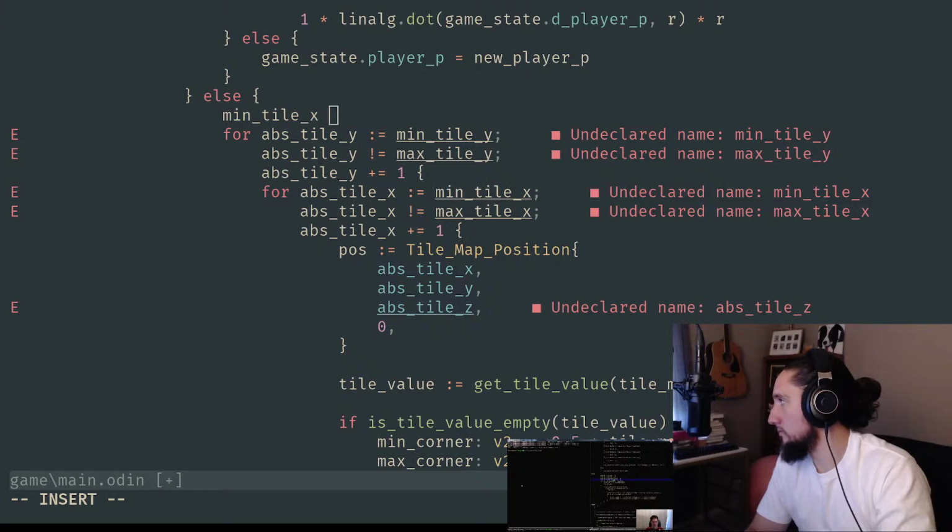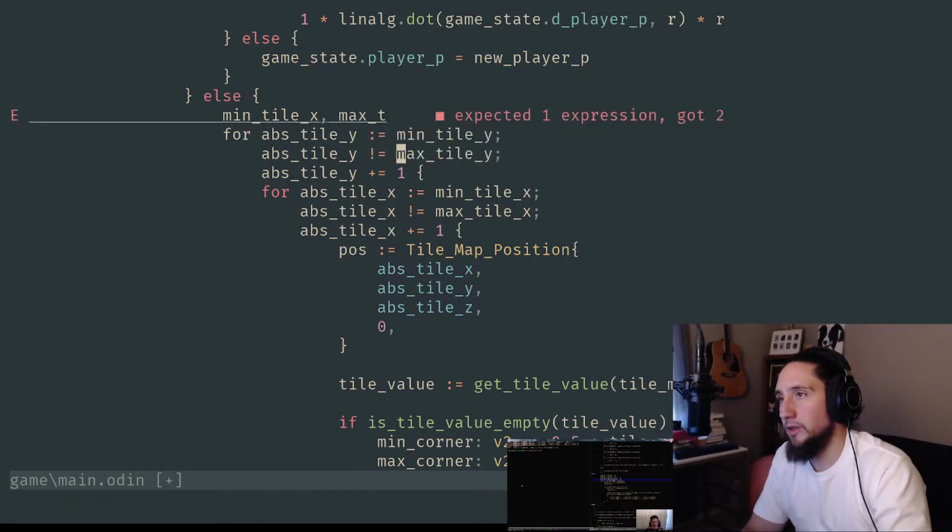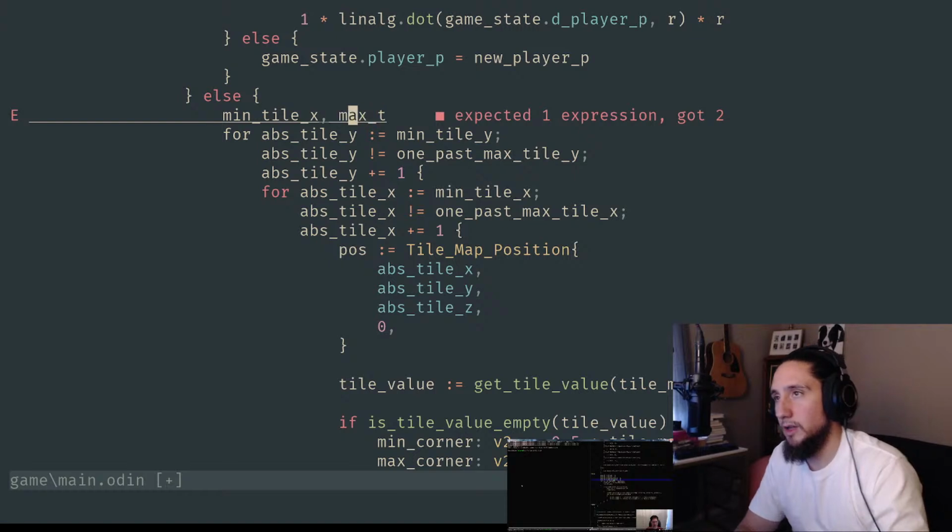There we go. I'm just going to set them all to 0, I guess. So max tile. Oh, I forgot to change these. That's right, 1 past. And then 1 past. So min tile x, min tile y.